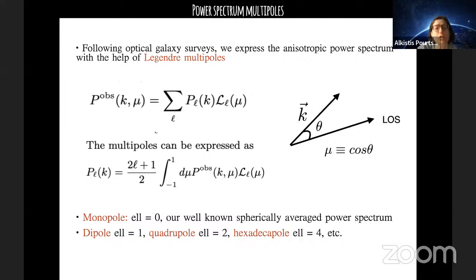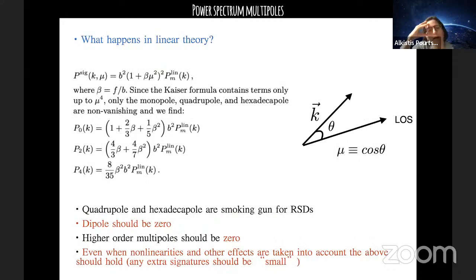So why are these things useful? You can understand how they are useful and what they represent if you take the simple model of linear theory. Say you have a galaxy or an HI intensity mapping survey with a bias, and you believe you are on linear scales, so you can model the signal with linear theory. You only have the linear matter power spectrum and the Kaiser redshift space distortions, which depend on the growth rate of structure, which is what ideally you want to measure if you want to do modified gravity and all the rest.